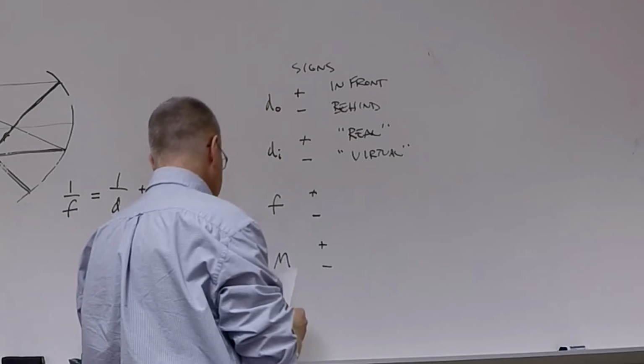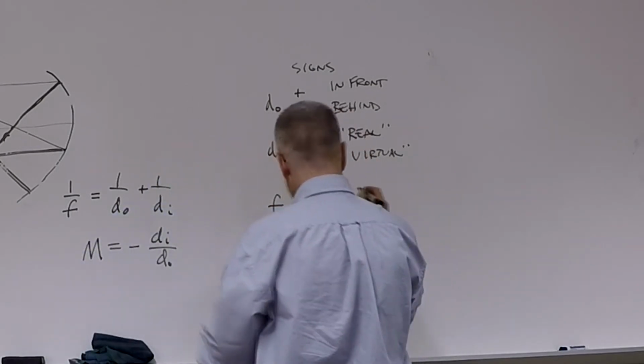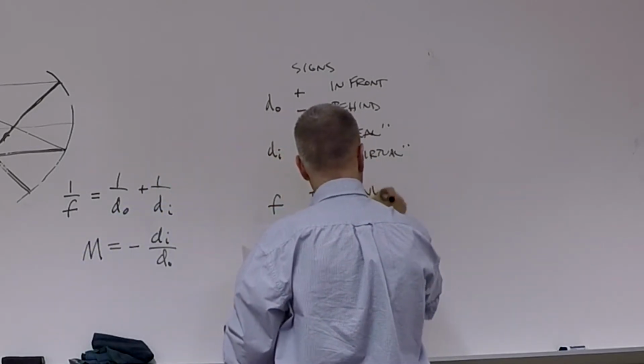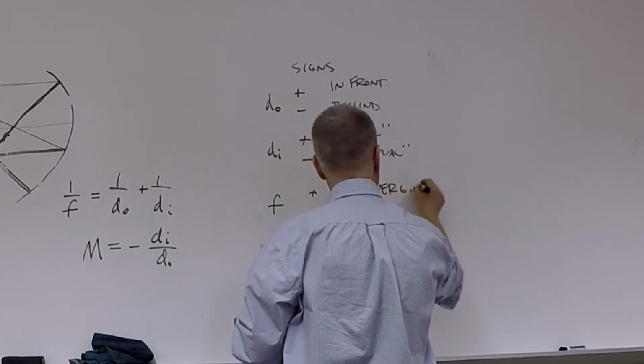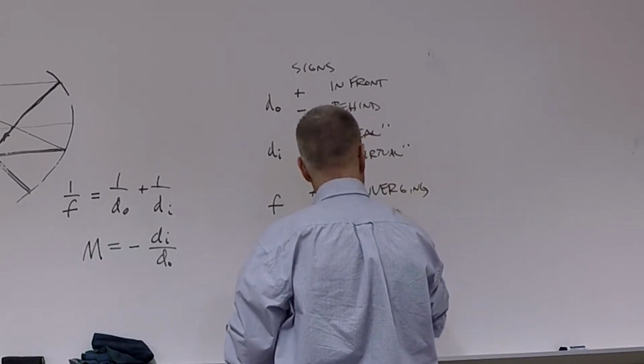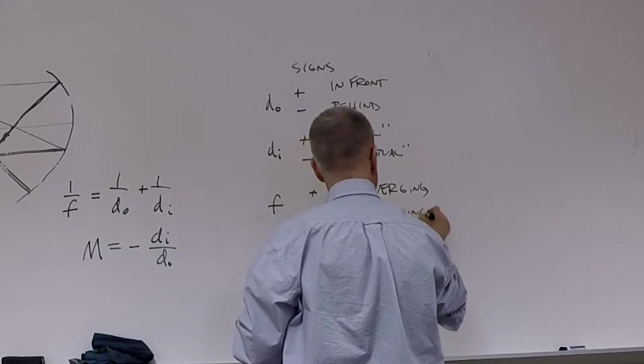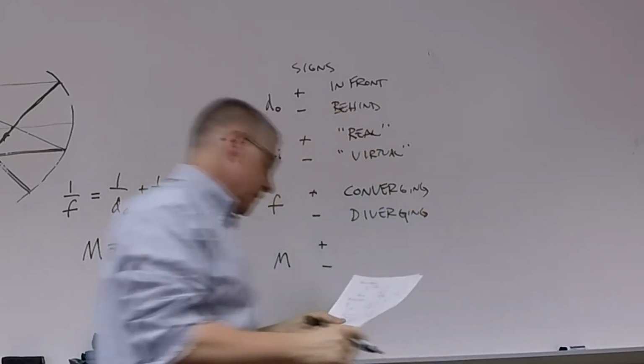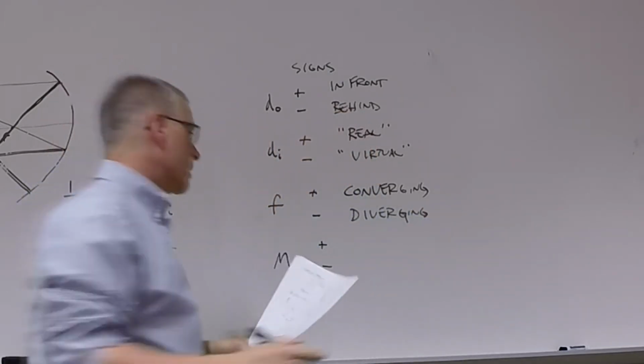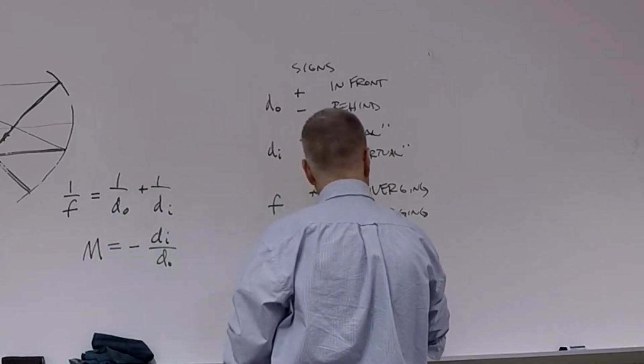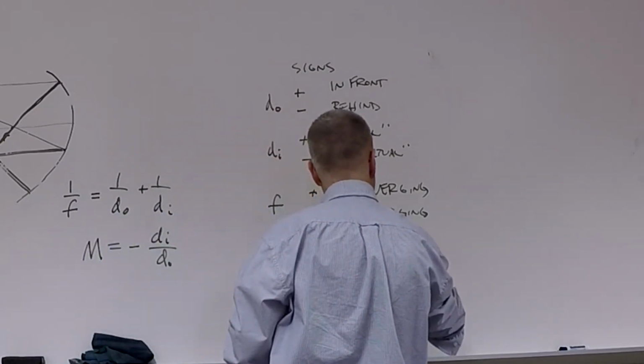For the focal length, the plus and minus tell you whether it's a converging or diverging mirror. And for the magnification, the plus and minus tell you whether that image is going to be upright or upside down, or inverted.